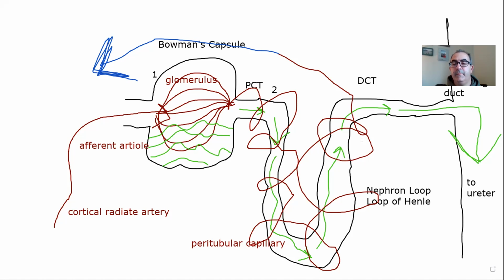Now that capillary, by the time you get to this end of the nephron, the distal convoluted tubule, that capillary I have coming back over here, that I drew as blue, becomes your arcuate, your cortical radiate vein.